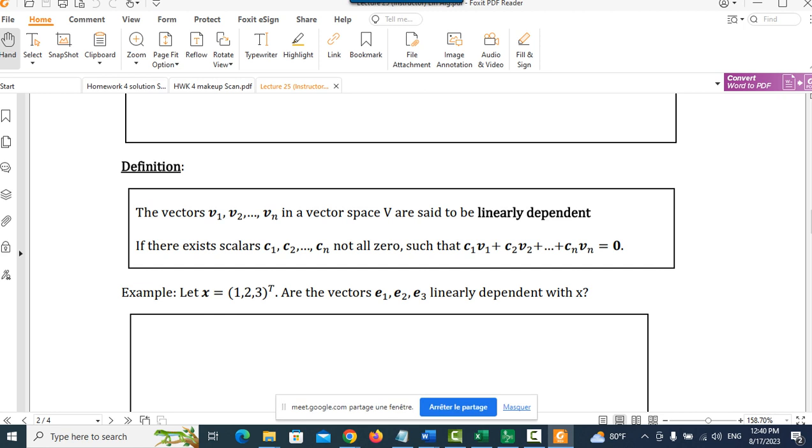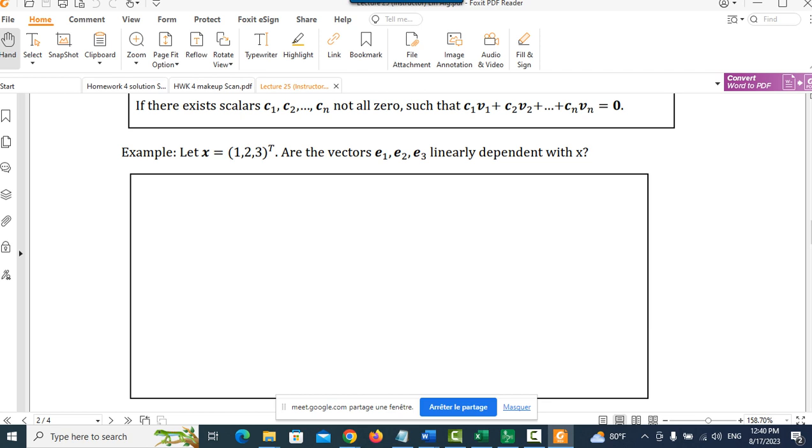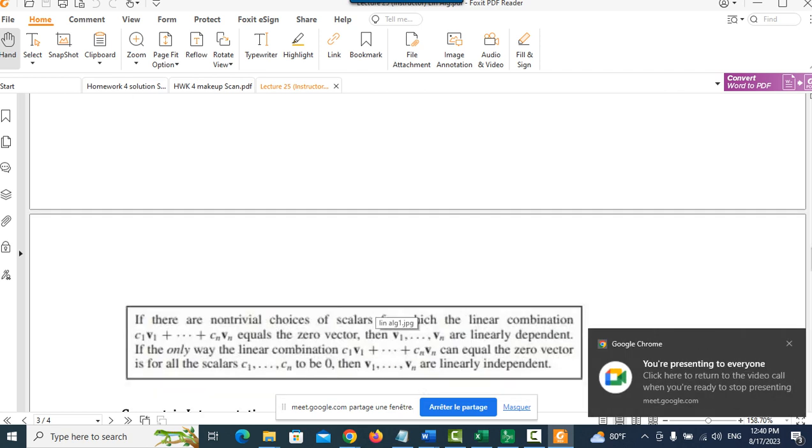So here the question was, are the vectors linearly dependent with X? The answer was yes, and we've shown that.